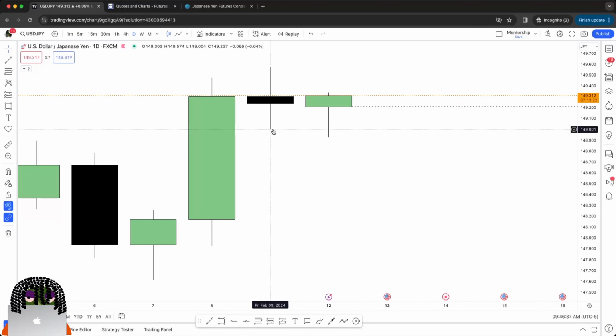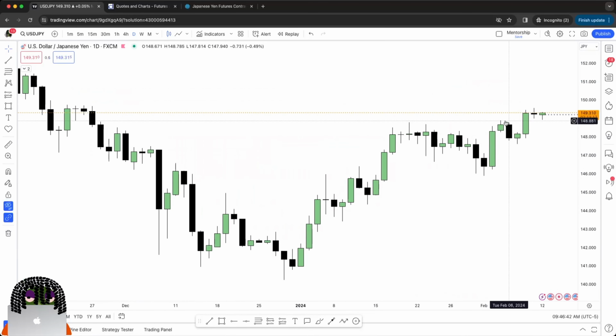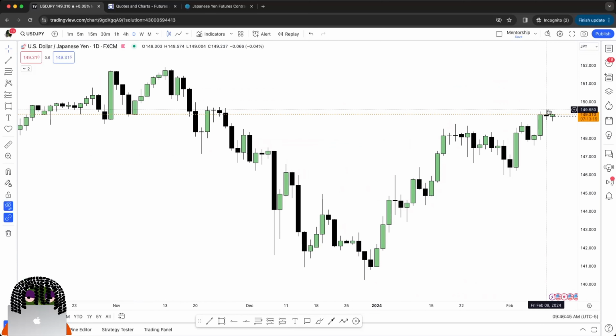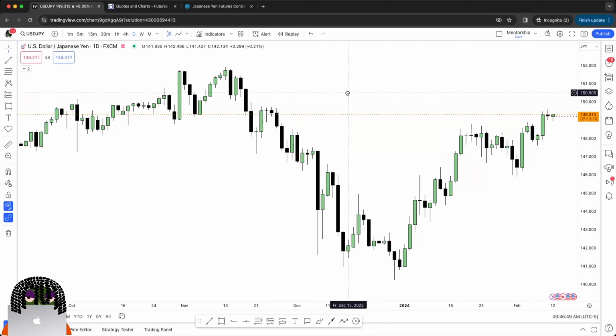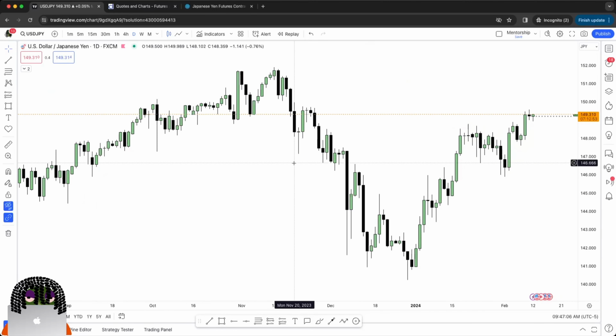Now, let me look here. It traded here. So next, we're looking for it to trade above this daily candle. And if it does that, then I believe it's going to trade up into here, which is an order block right there. That's an order block on the daily. So yeah, we'll see.